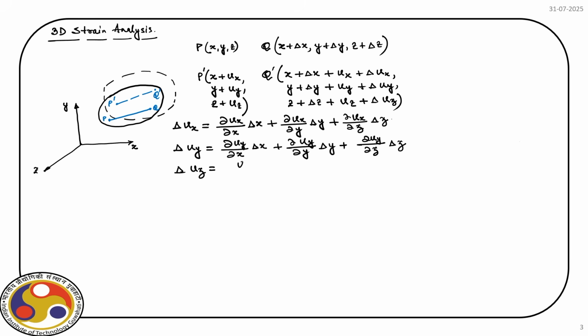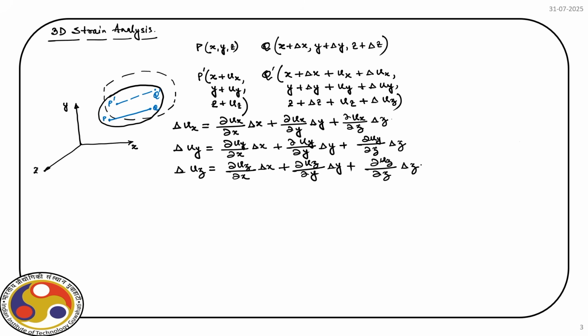And the last one, uz differentiated with respect to x times delta x, plus uz differentiated with respect to y times delta y, plus uz differentiated with respect to z times delta z.